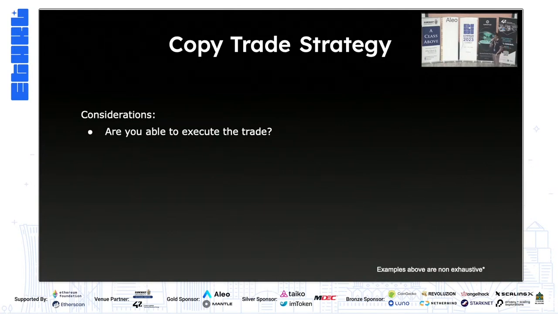There are many avenues that the trader can send a trade to, like different DEXs. And if that DEX is not supported by you, you didn't integrate it, so you cannot follow that trade. How much to trade? If the trader is trading 10 ETH, and you only have 5 ETH in your capital, then you've got to decide on a number.